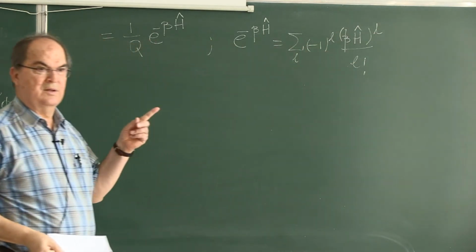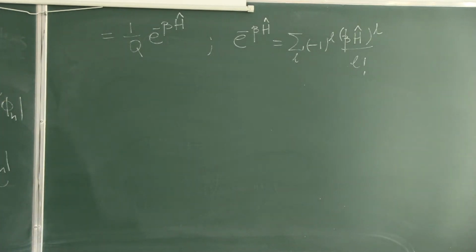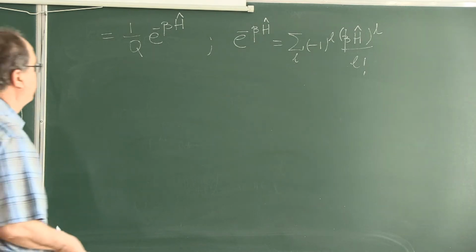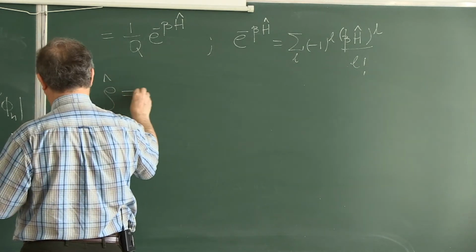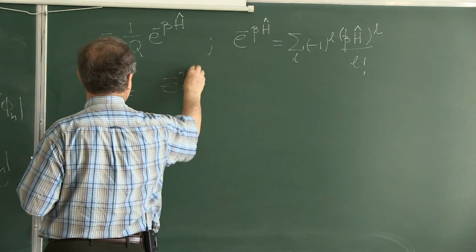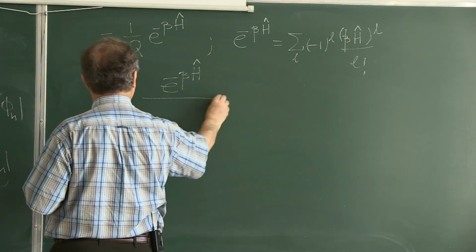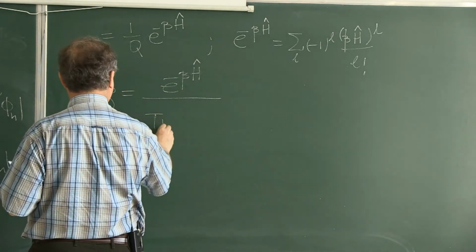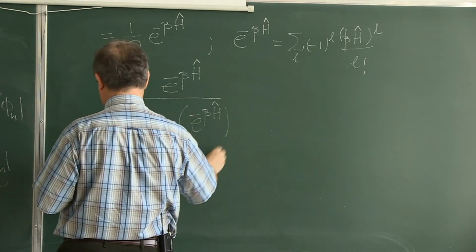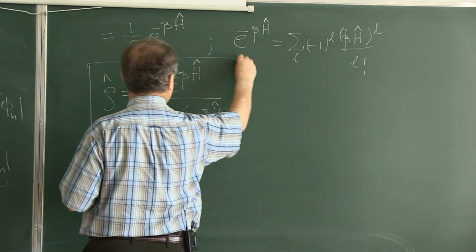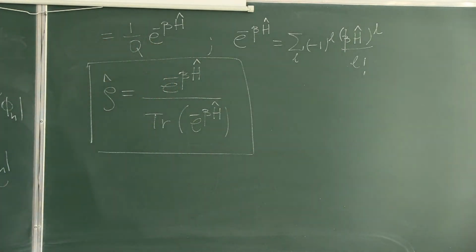This is the meaning of that exponential operator, isn't it? Okay. So the density operator is nothing but e to the minus beta H as an operator, over trace e to the minus beta H. This is the general form of the density operator in this ensemble.